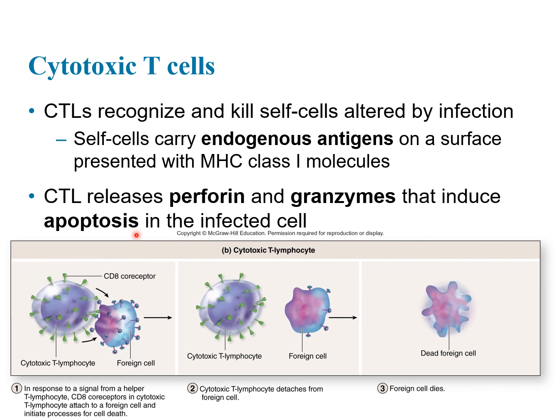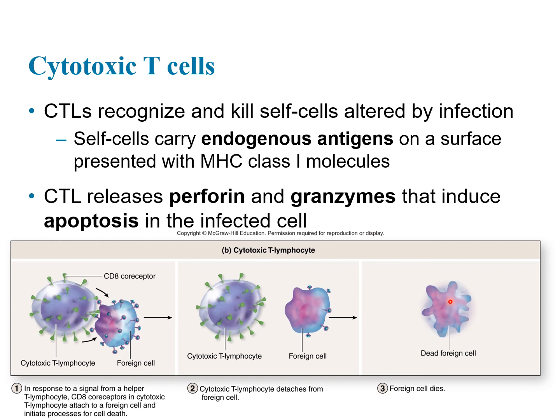It's basically going to force the cell to commit cell death. So the cell is eventually, as you can see, going to start dying, kind of shriveling up like this, and it's going to die.